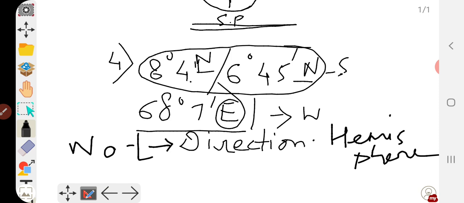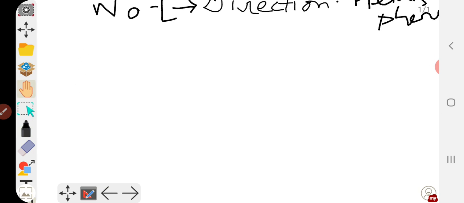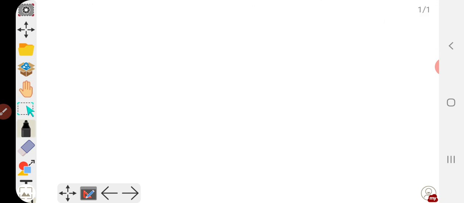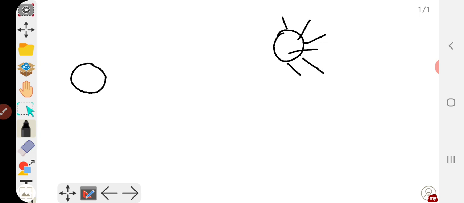Now, next question. When the sun rises in Arunachal Pradesh, it is still night in Gujarat. Now, our Arunachal Pradesh is situated over here and our Gujarat is situated over here. Here the sun is rising, but here it is still dark.